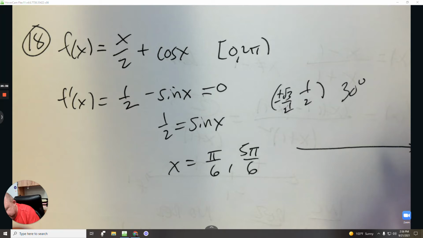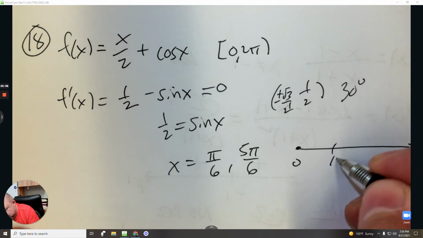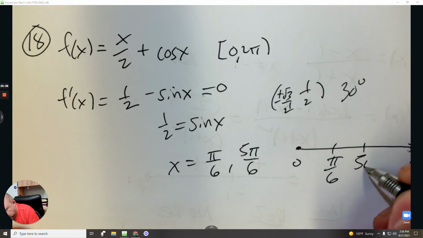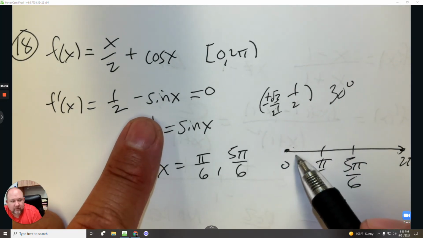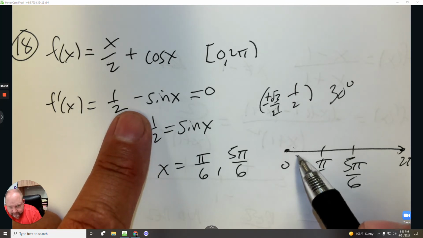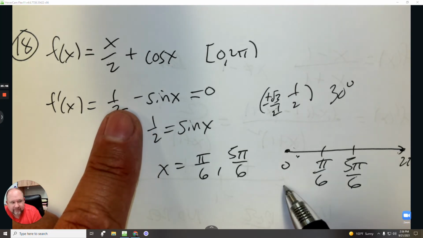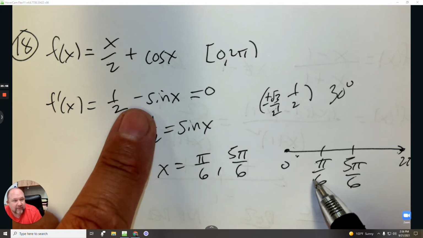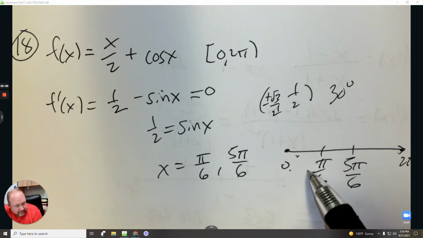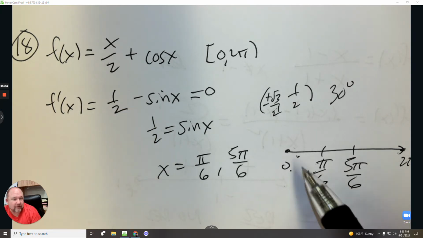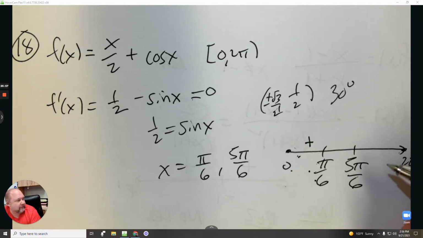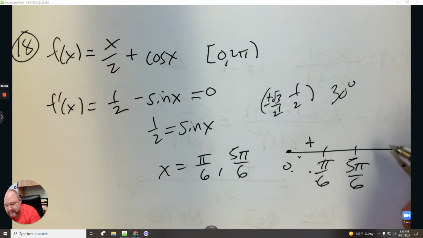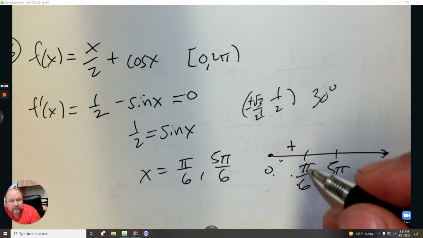Do a number line from 0 to 2 pi. If I plug in an angle between 0 and pi over 6, the answer is going to be smaller than 1/2 for sine, so that gives you a positive answer. Between pi over 6 and 5 pi over 6 is pi over 2.